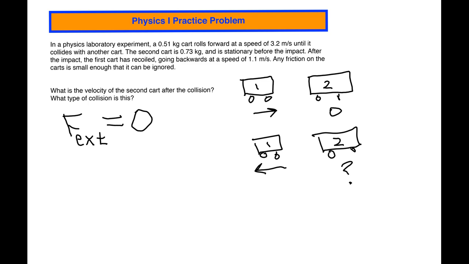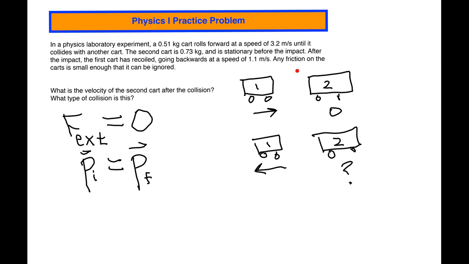So remember, we know that if the external forces on a system are equal to 0, the outside forces, then the momentum that the system starts with, that initial momentum, is going to be equal to the final momentum of the system. Don't get confused and think that this depends on what type of forces are involved, or that the total force has to be 0.